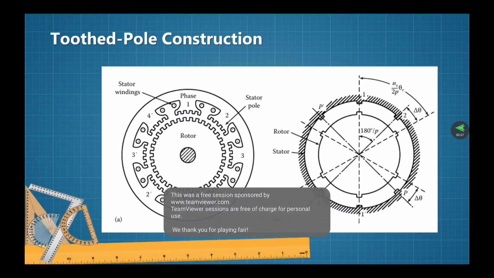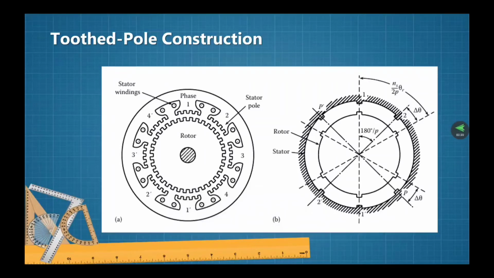First is to improve the motion resolution of the step angle, which now depends on the tooth pitch. Very small step angles can be achieved as a result. It enhances the concentration of the magnetic field, which generates the motor torque.